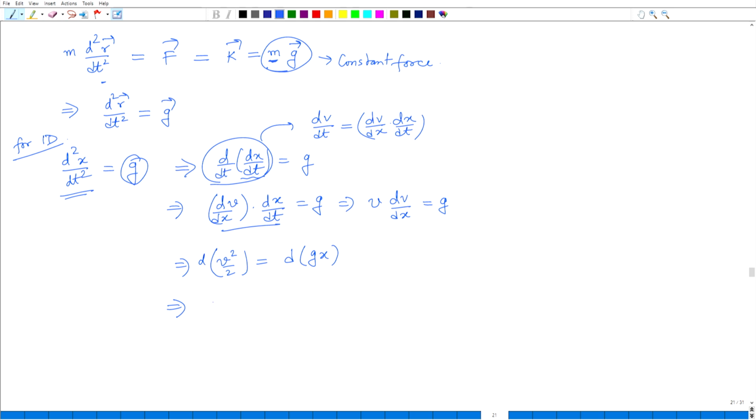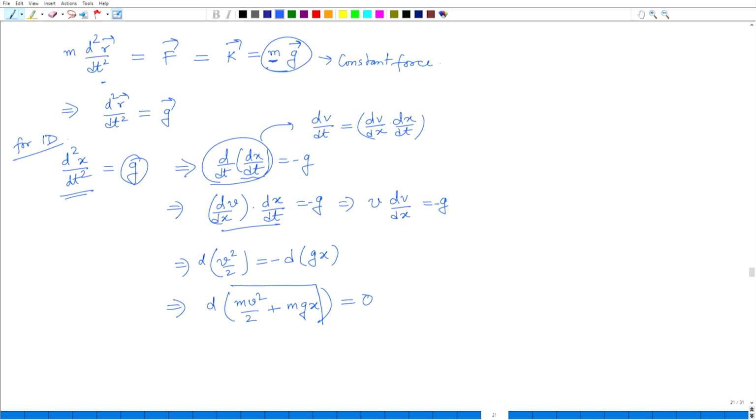Now you can say that for your system d of mv square by 2, if you multiply the whole thing by m, minus mgx is equal to 0. If you take g to be minus g, just to connect to a form which we know, then there will be a plus sign.